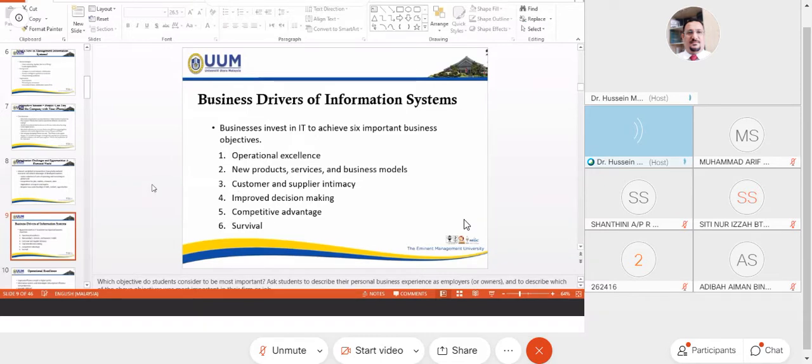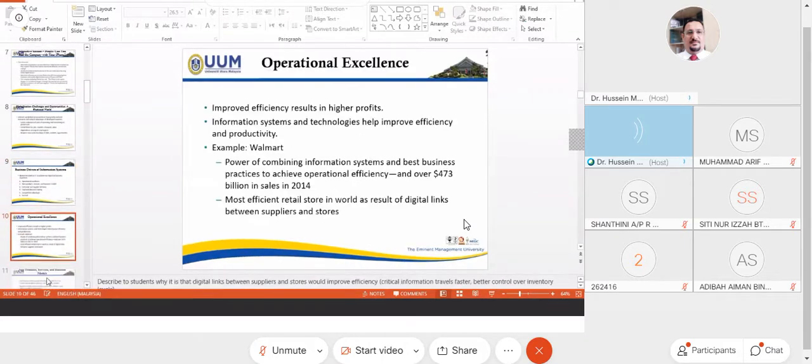We will go one by one. What is operational excellence? We will have a brief on that. Operational excellence. When we improve operational excellence, that means we are generating profit.